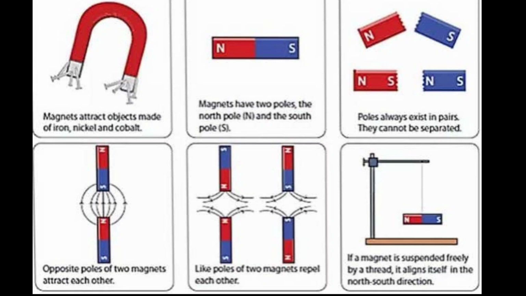And magnets also show the property of alignment: a magnet when suspended freely comes to rest such that its north pole always points toward geographical north and its south pole toward geographical south.